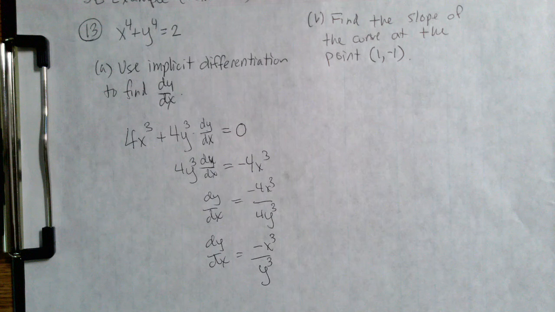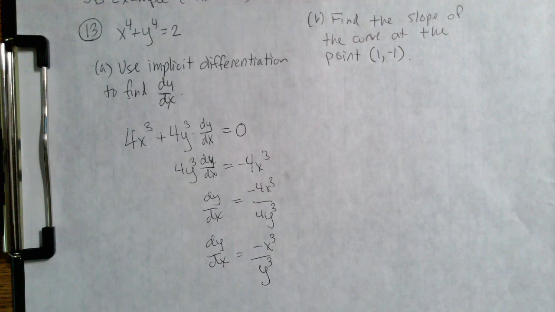Now it's in terms of x and y. That's pretty common with implicit differentiation. It doesn't always come out that way. You could have dy dx just in terms of x, sometimes just in terms of y, and often a mix of the two. Any of those is fine when you're doing implicit differentiation.